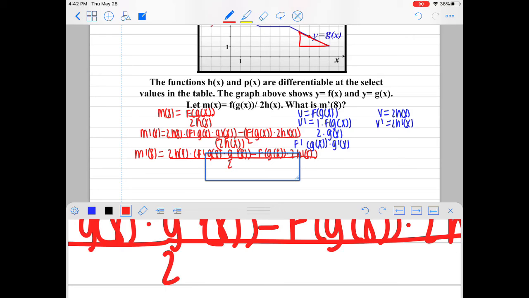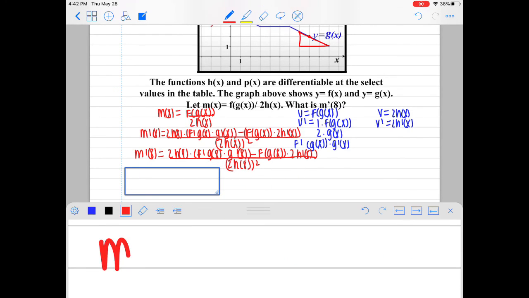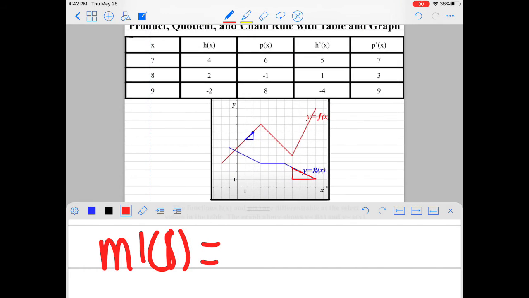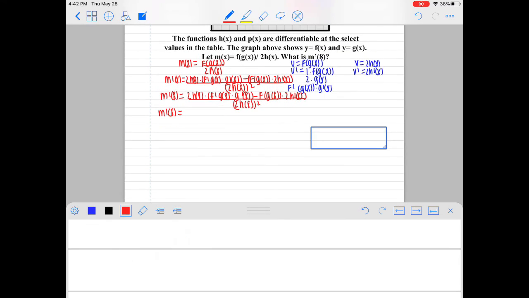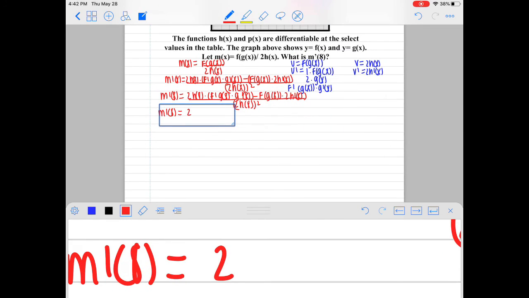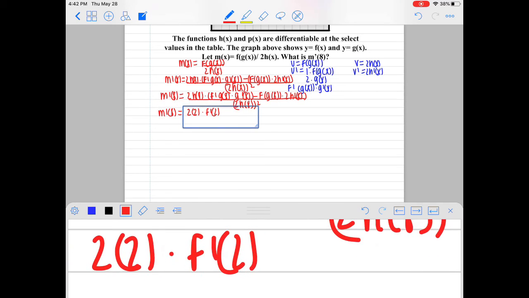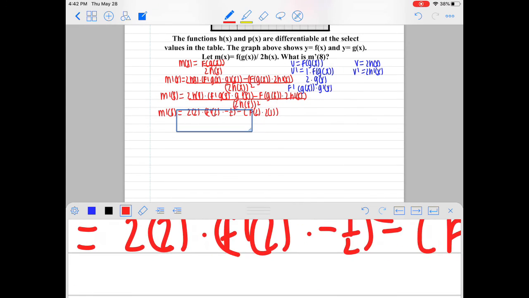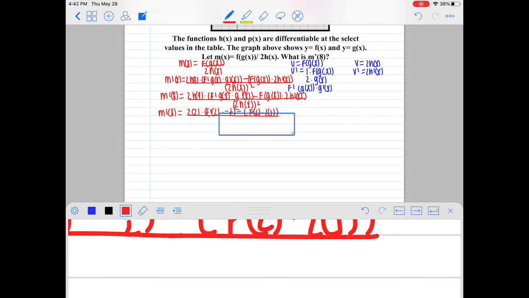2h of 8 squared. And now we are going to look at both the table and the graph for values. So over here we are going to be using the table for h and h prime values, and for f and g values and their derivatives we're going to be looking at the graph. Remember, to find the derivatives of values on the graph we have to calculate the slope at that point.